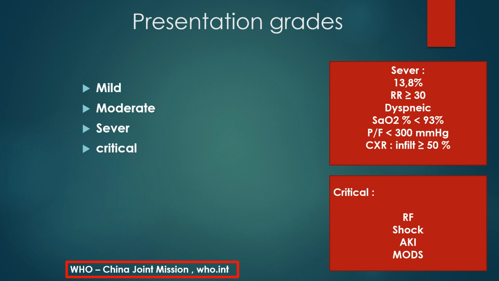Patients are labeled as critical when they have respiratory failure, shock, or AKI, or a combination of multi-organ dysfunction syndrome, with more than 2 organs affected.